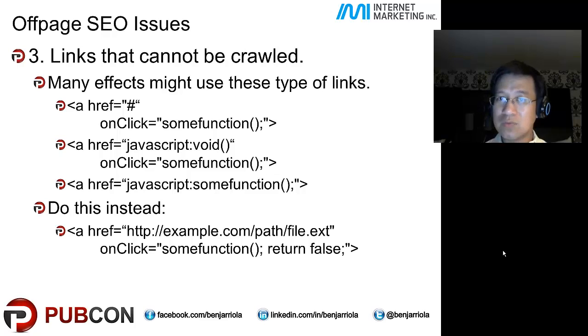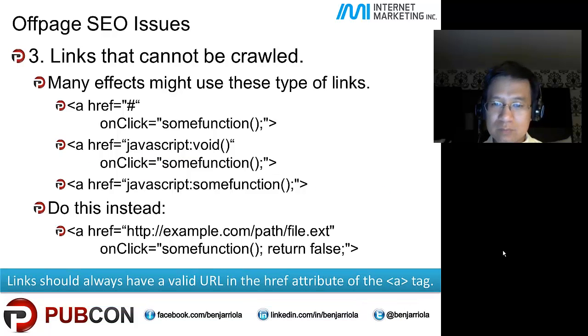But in the eyes of search engines, it's going to disregard that onClick line and look at the URL. So what's happening here is the Ajax effects for users are still there, but the URL is the one that is crawled by search engines and it should have the corresponding content. Your link should always have a valid URL in the href value. That is the main lesson on this point.